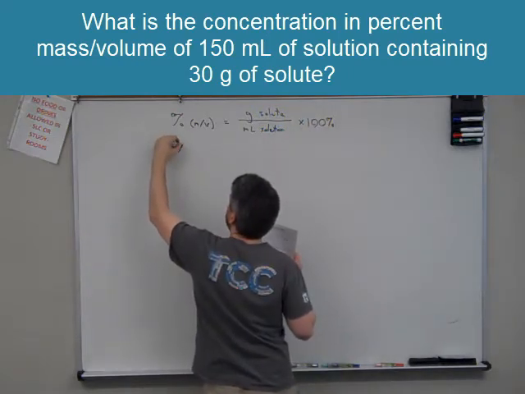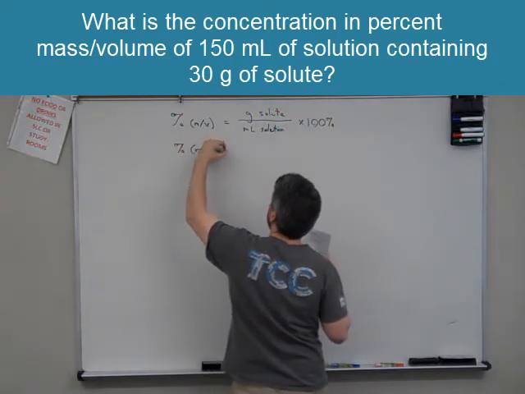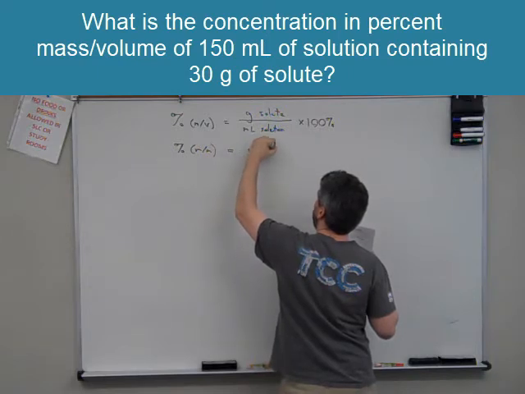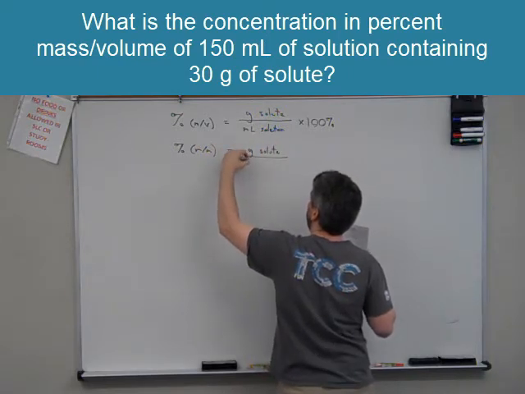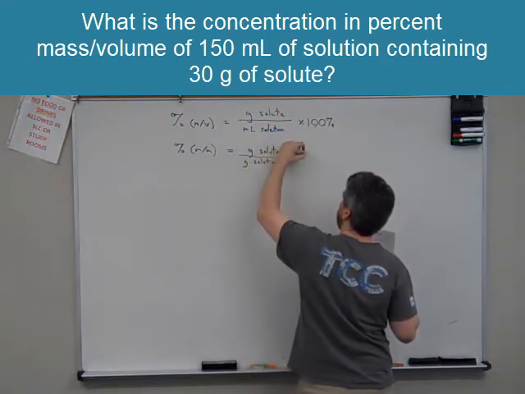And mass percent is always the grams of solute divided by the grams of solution, times 100%.